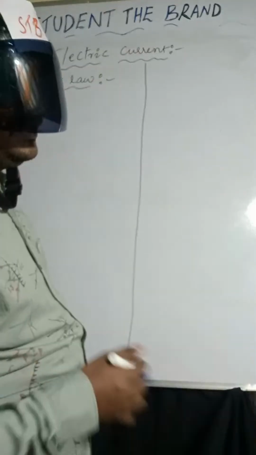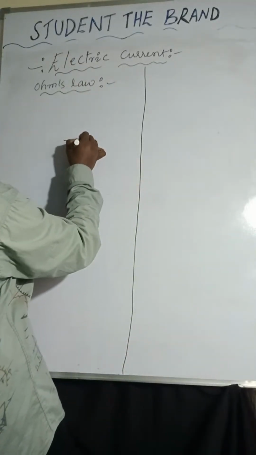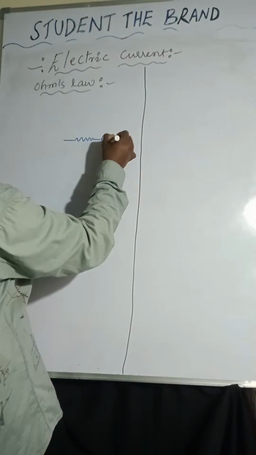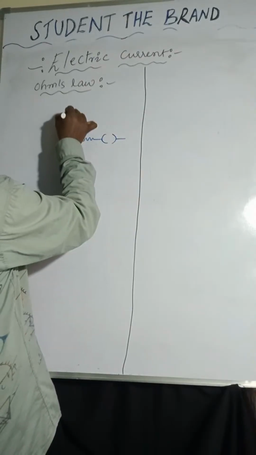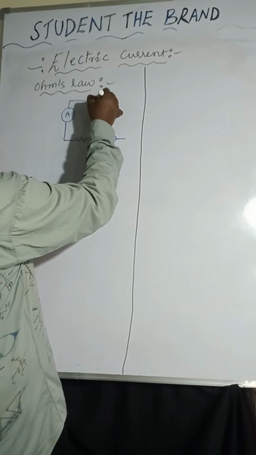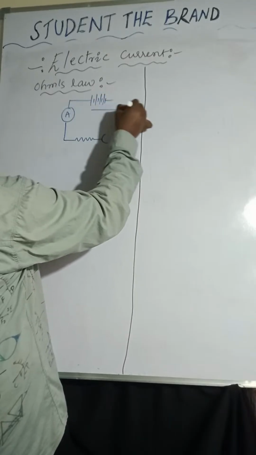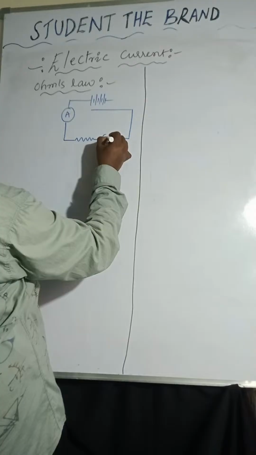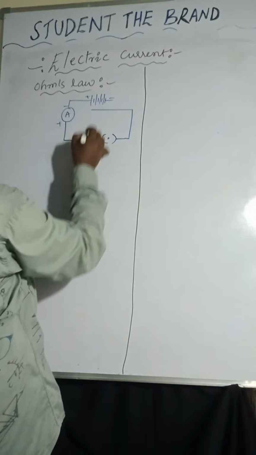The potential difference across the ends of the given metallic conductor. I am taking a resistor, a switch, an ammeter, and 4 cells: 1, 2, 3, 4, with positive terminal, negative terminal, positive, negative.